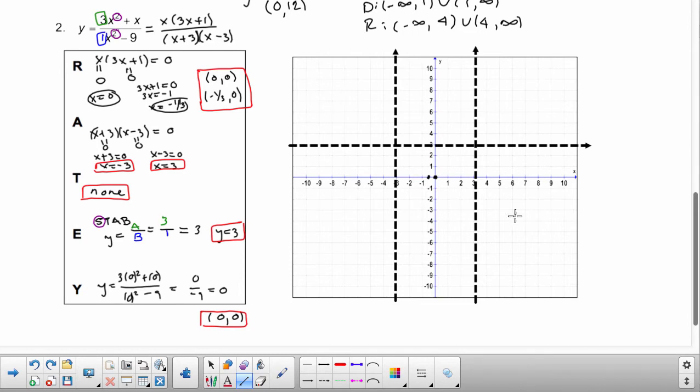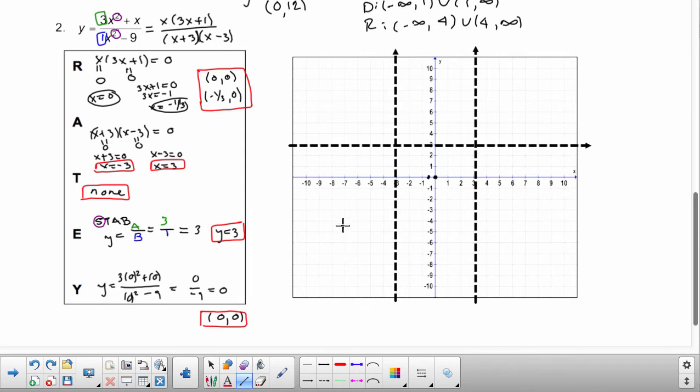Now the graphing part I really want to talk about, because you'll notice that on the far left and the far right we have these asymptotes, but unlike before we don't have a spot or a point anywhere on this graph that can indicate to us if it's going to be here or if our graph's going to hug the asymptotes down here. So that's okay. Sometimes you're going to have to do some test points. So what you can do is choose an x value on this side of your asymptote, plug it into your equation, and see if your y value ends up being on the top or on the bottom.